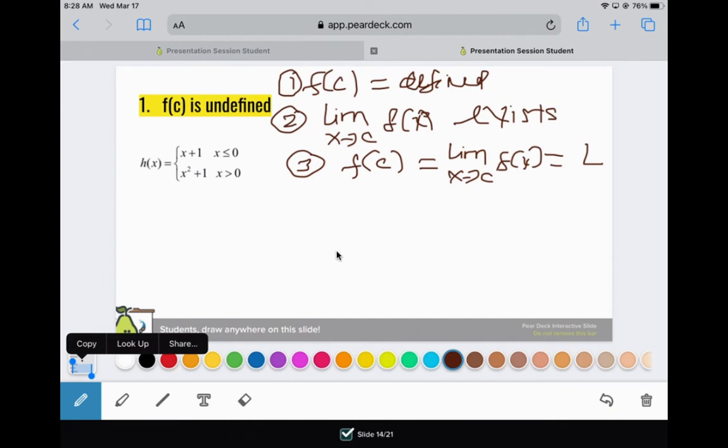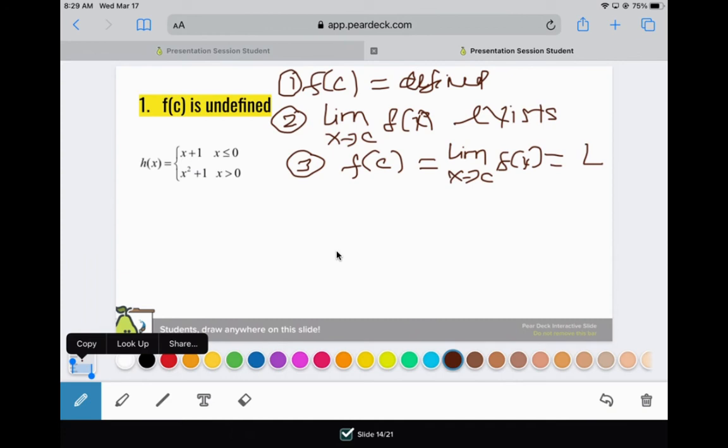So step number 1, we're going to check if that point is defined. Defined means if I plug in the value, there's nothing wrong with the function, I would get a number. The calculator would not tell me it's undefined, or give me an error. Okay. Step 2, we're going to check for the limit.